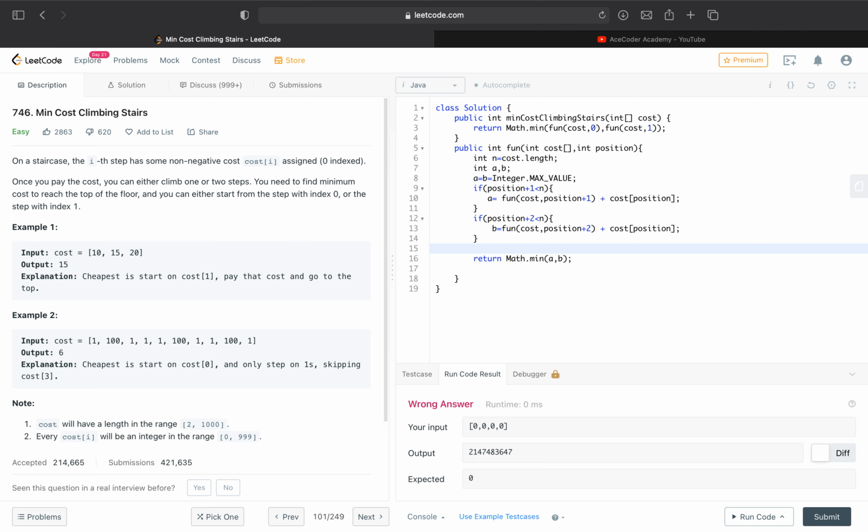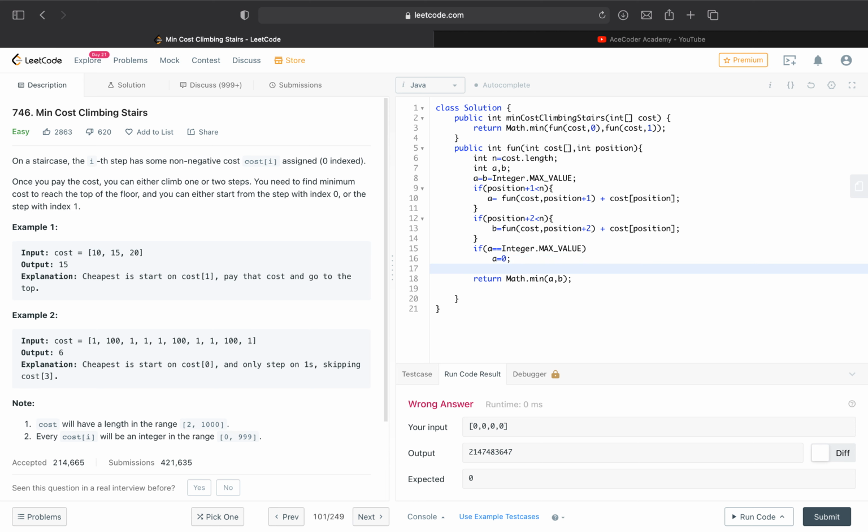If a is equal to plus infinity, then we will make a 0.